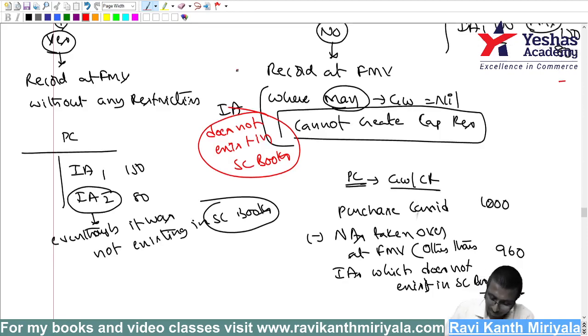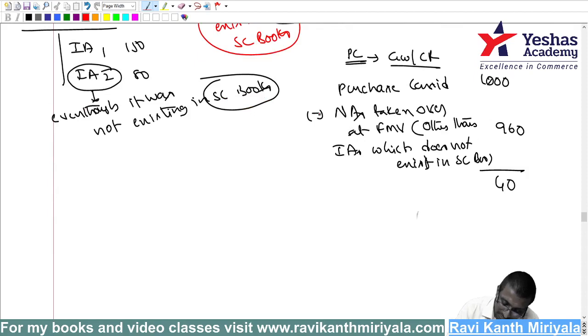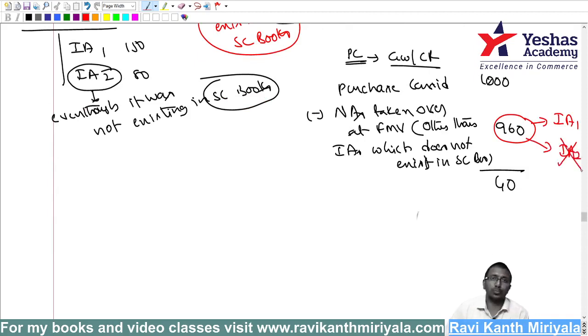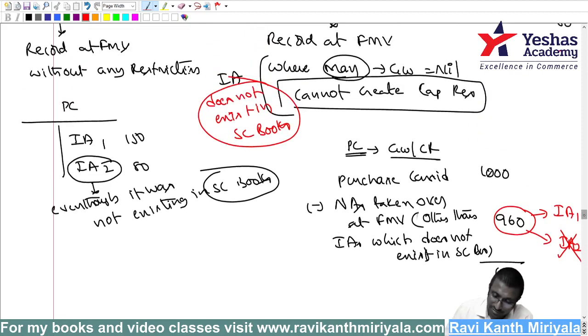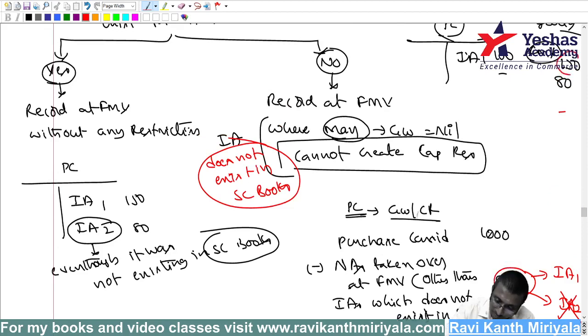This net assets of 960 includes intangible asset 1 but does not include intangible asset number 2. 960 includes my fair market value of intangible asset 1, which I told you, 150, but 960 does not include 80.